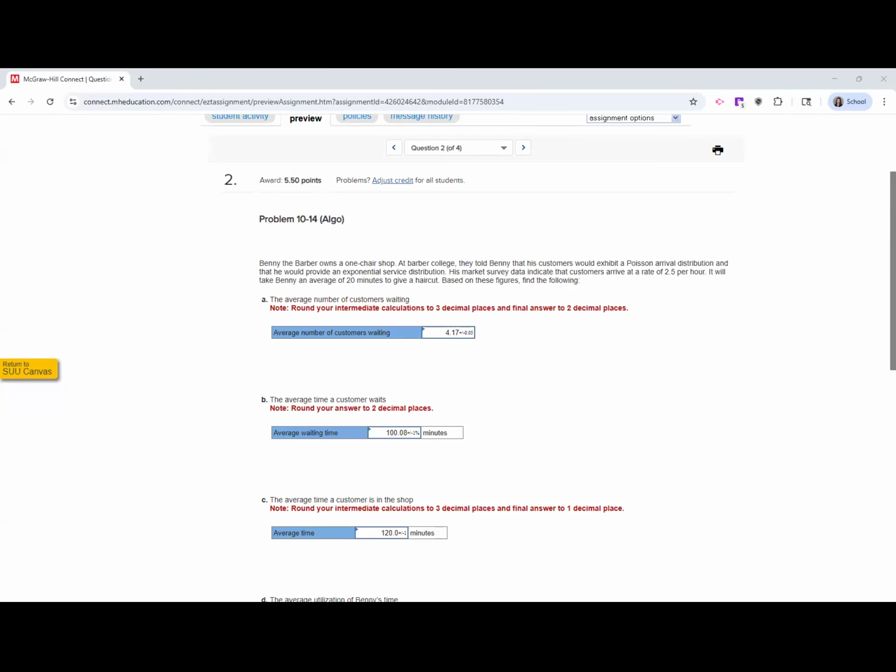Are you still able to see the screen right now? Yes, okay. Just give me a second. I just need to stop sharing for this computer, then I can share from my iPad.